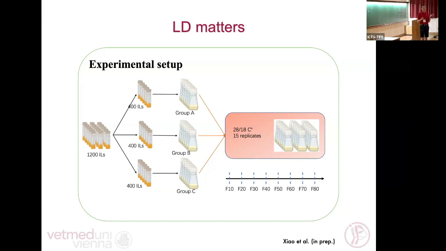Good. So what do you expect in terms of the response? If you have the PCA that I showed you before, what would be your expectation? I have a natural population here, and I have 400 isofemale lines that come from the same population, another 400, another 400.